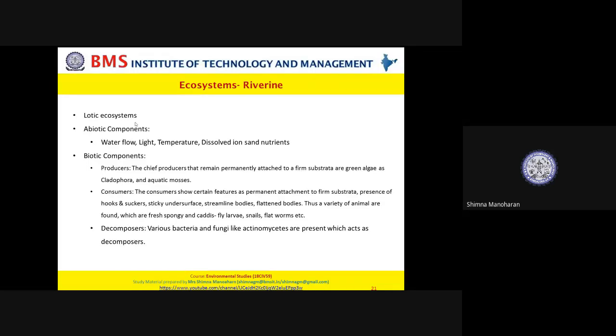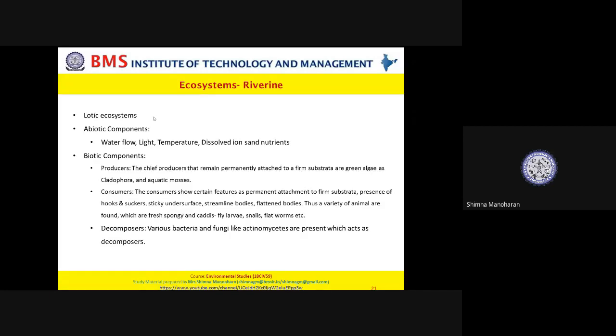What is the type of standing ecosystem? Lakes, ma'am. Yes, lake. One more, which is usually confused with lake. Pond. Yes, pond. We will see what is the difference between lake and pond. They are actually localized.